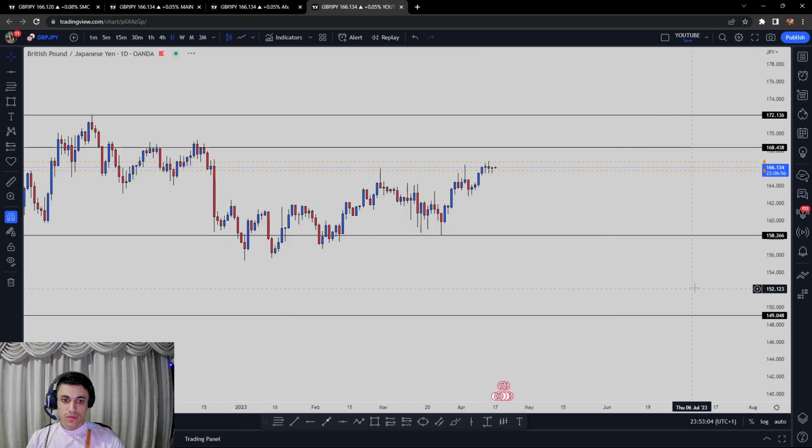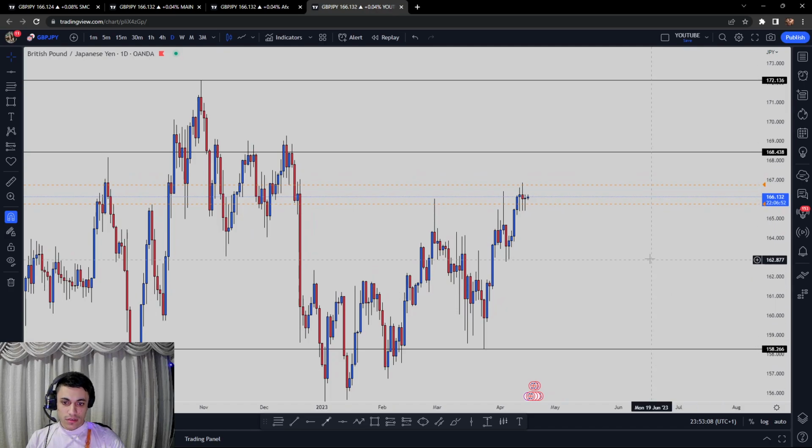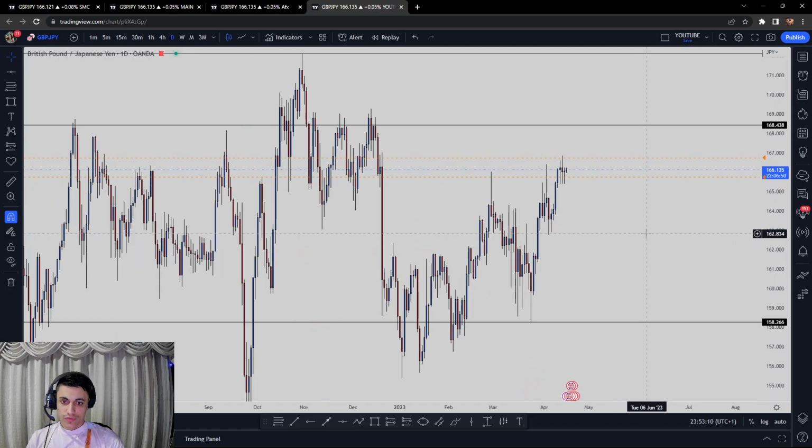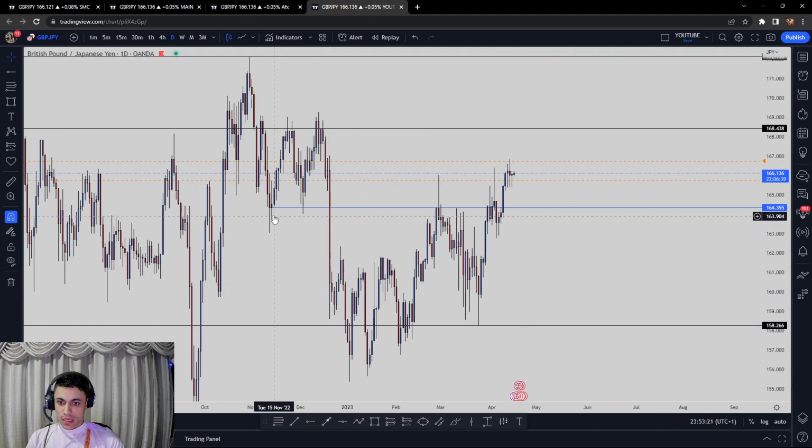Then I go down to the daily time frame, and let's identify more support and resistance. I have this beautiful area, boom, right there. Make it blue, make it more visible. The reason why I chose this area, you can see how it reacted perfectly right here, and right here.